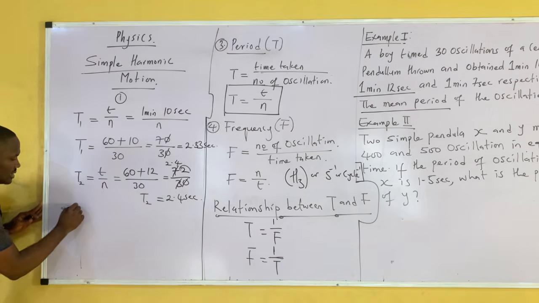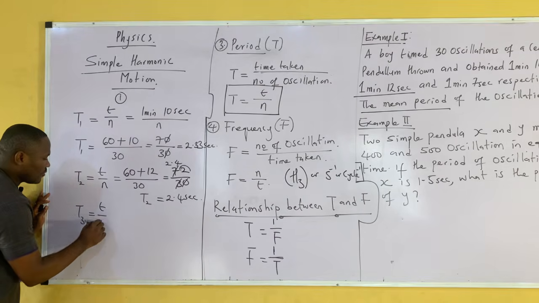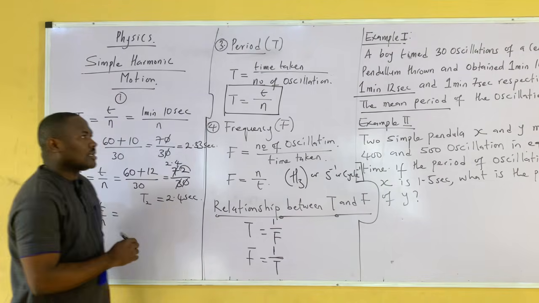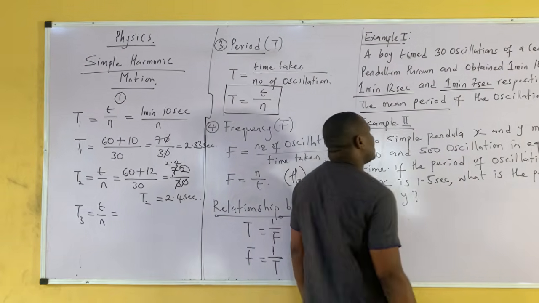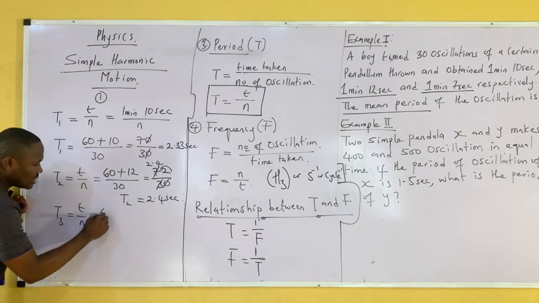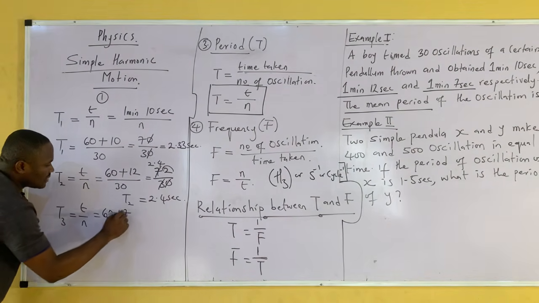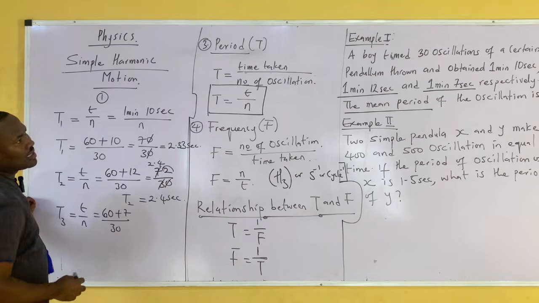What about my T3? My T3 is equal to the same, T over N. The third time was 1 minute 7 seconds, that is 60 plus 7 over 30 because n is 30 oscillations.